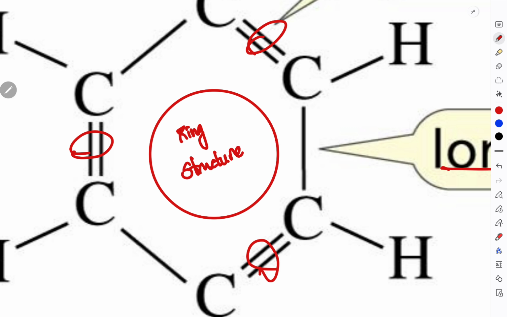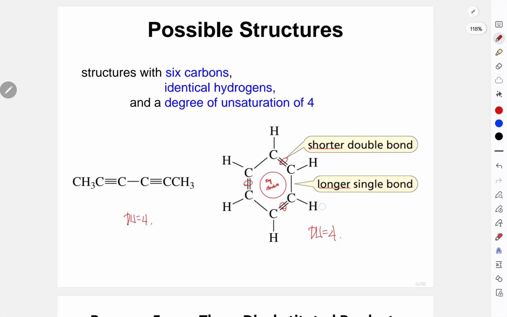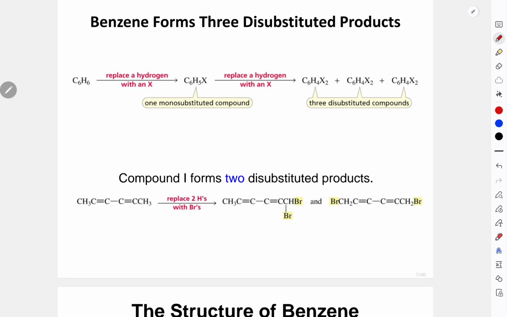So this is the initial proposal in the early days, and combining the additional information I addressed, replace one hydrogen with X, and then an additional replacement of hydrogen with X. For the first step, you get only one monosubstituted product.